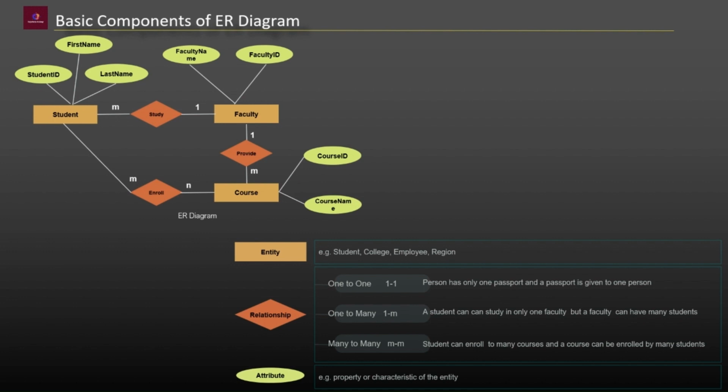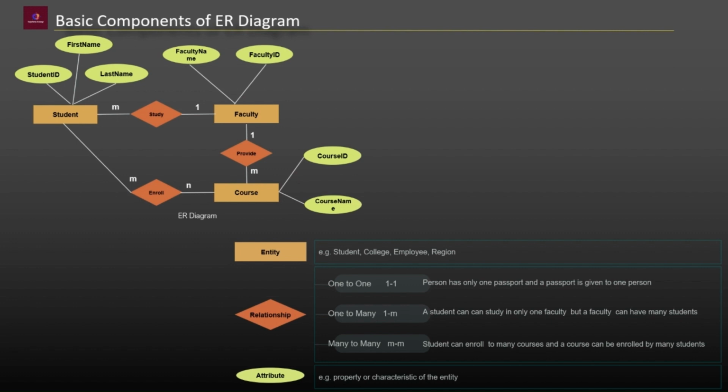So it seems a little bit confusing, but we are going to understand it better with some detailed examples. So three common cardinality relationships are one to one, one to many, and many to many. So let's look at them in detail.